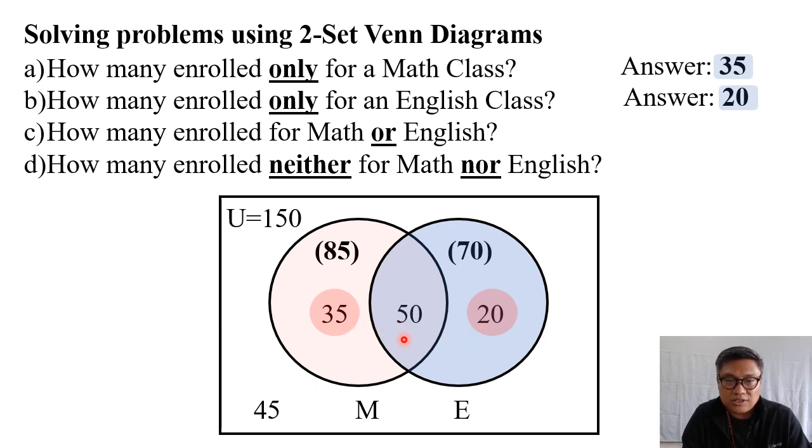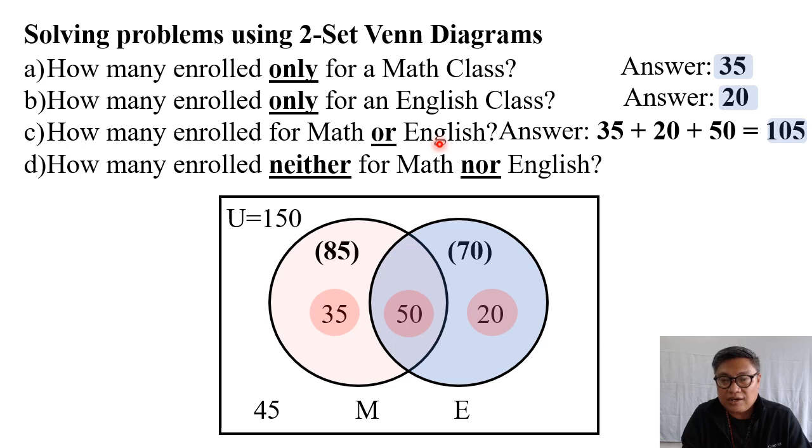So all of these three will be added, and this will answer now the question for letter C, which is now 35 plus 20 plus 50 is equals to 105. So there is a total of 105 freshmen who enrolled in math or enrolled in English or both in math and in English at the same time. So that is how we answer now the question with an or as a connective.